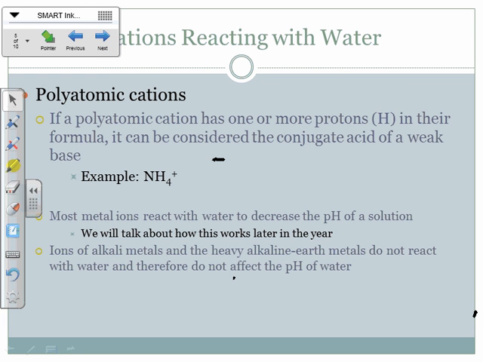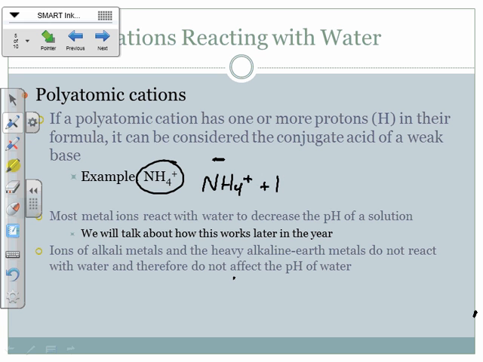If it has more than one proton in the formula, it can be considered the conjugate acid of a weak base. Now, the only example of this that we ever really talk about in AP Chem is NH4+. There are other polyatomic cations, but this is the only one that we've really talked about. So NH4+ has 4 hydrogens in it.